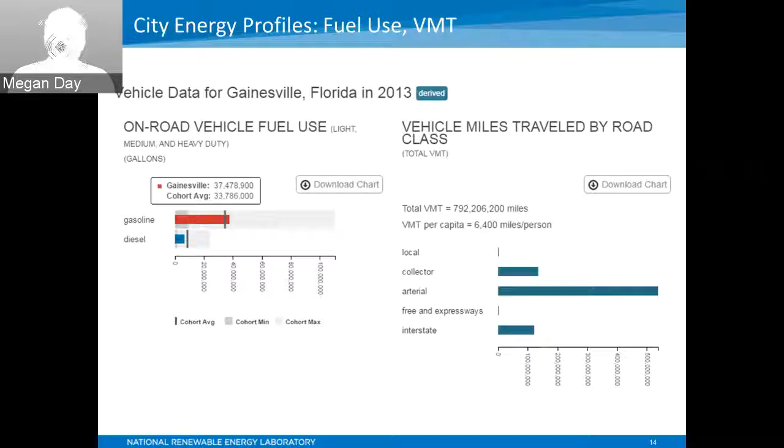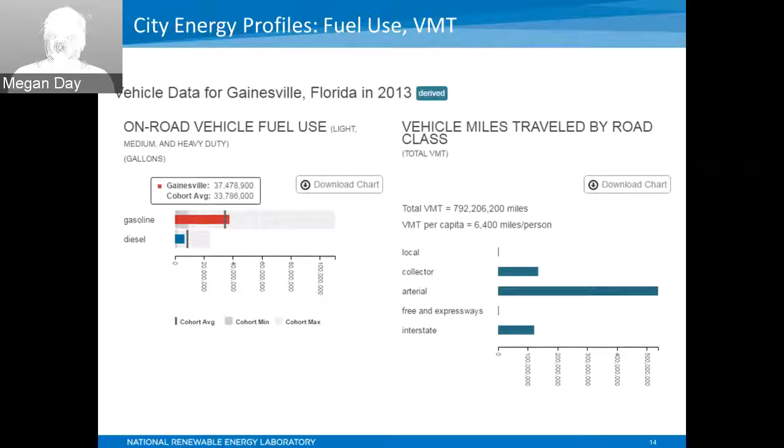And so we've weighted the fuel consumption along those road segments by the fuel economy of the cars that are registered in the same zip code. So it's just a weighting, it's not entirely determinative. But we feel that that's an added piece of data that can help make that estimate more accurate.